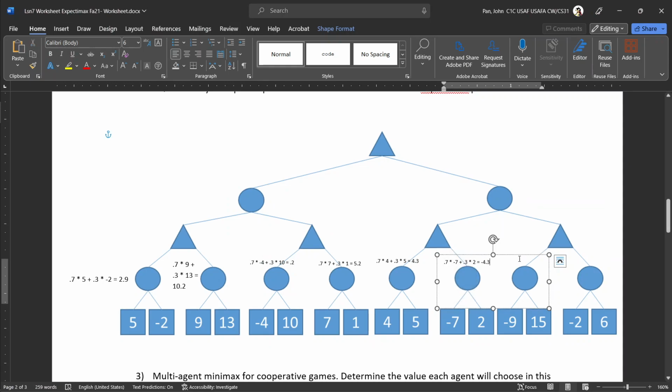Sorry if this is tedious. I promise you that computers do this much faster than I do.